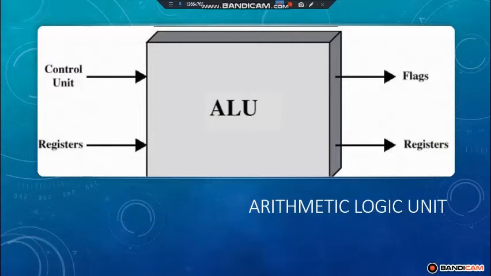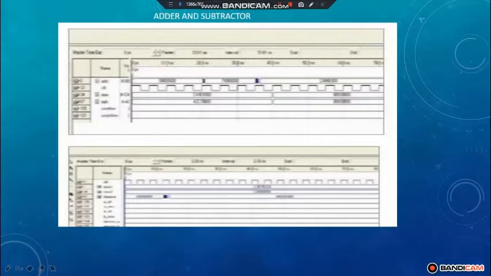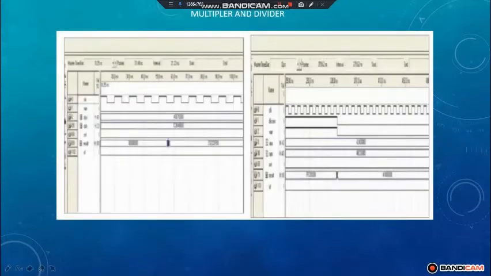In many designs, the ALU also has status inputs or outputs, or both, which convey information about the previous operation or the current operation respectively between the ALU and external status registers. This is the output which we obtained for the adder and subtractor. And next, this is for the multiplier and divider output.